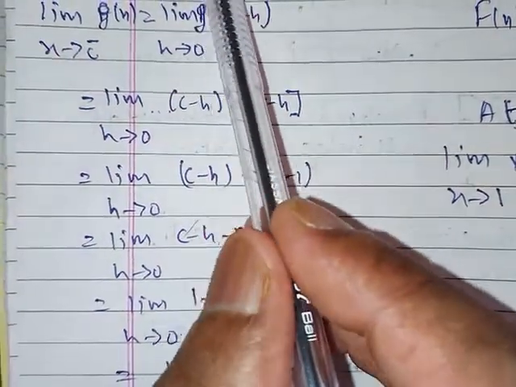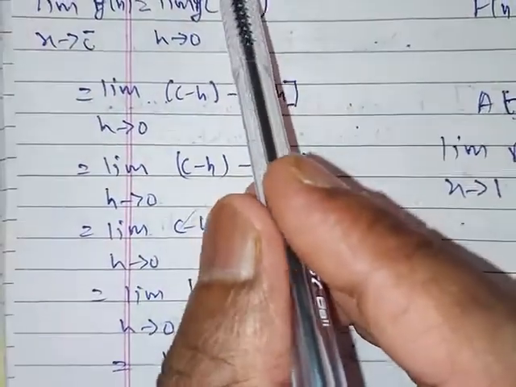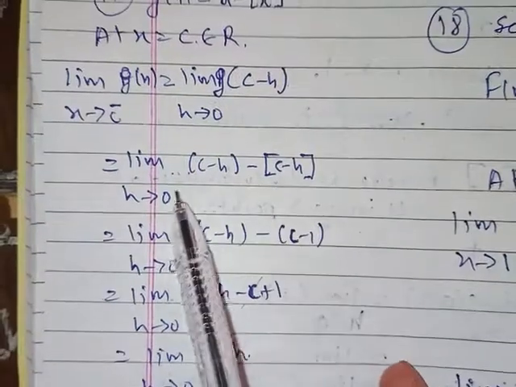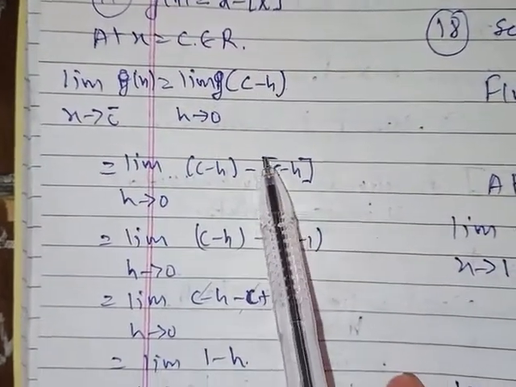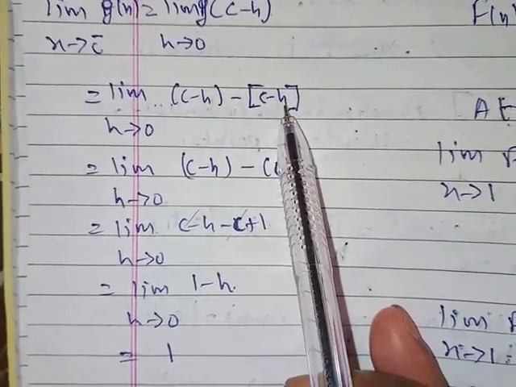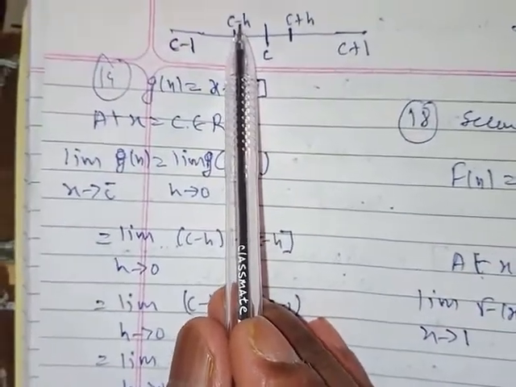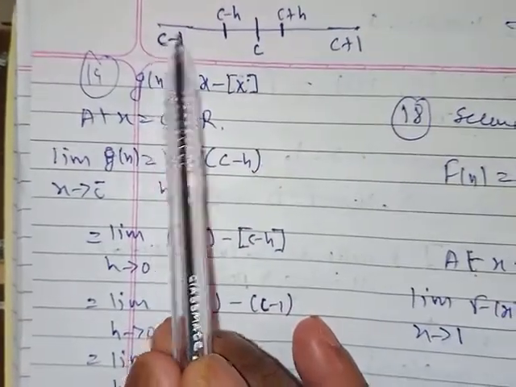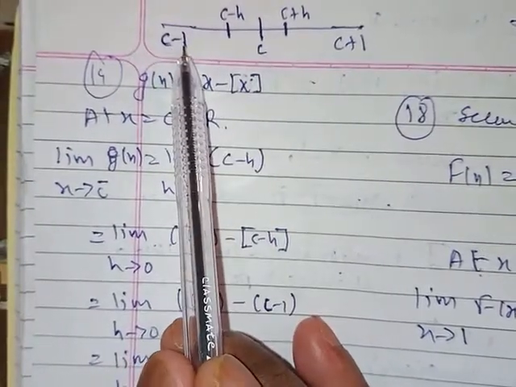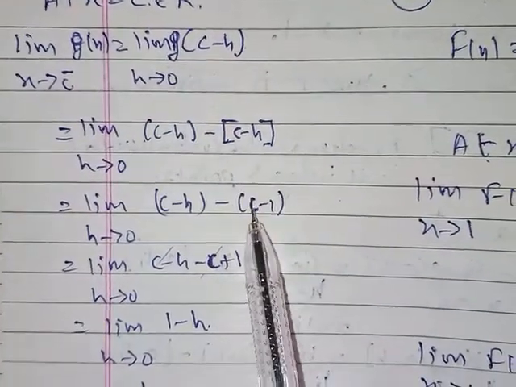So in place of this x, what do you write? c minus h minus the greatest integer less than that. So in the bracket, what is c minus h? What is the left hand side of c minus h? You have to check. The left hand side of c minus h is c minus 1. So the greatest integer of c minus h will be equal to c minus 1.